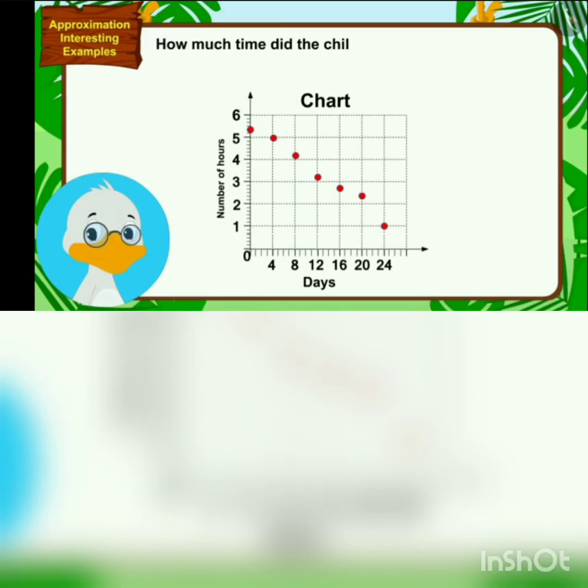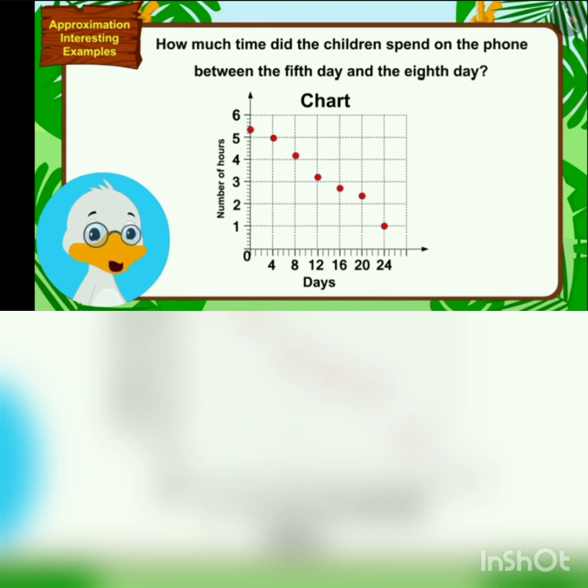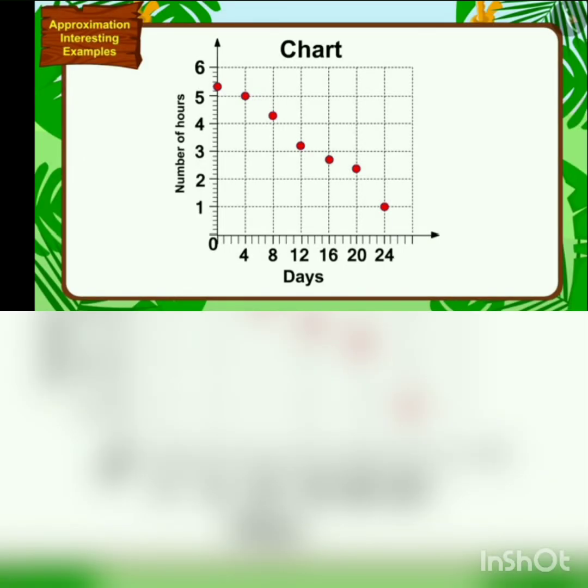How much time did the children spend on the phone between the 5th day and the 8th day? To find the answer to uncle's question, first we have to approximate the time spent on the phone by the children on the 5th day.